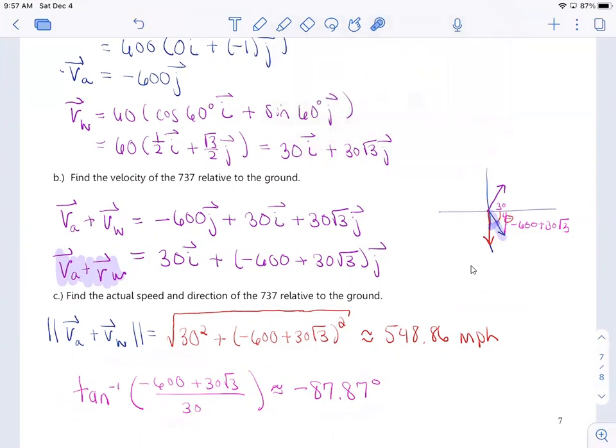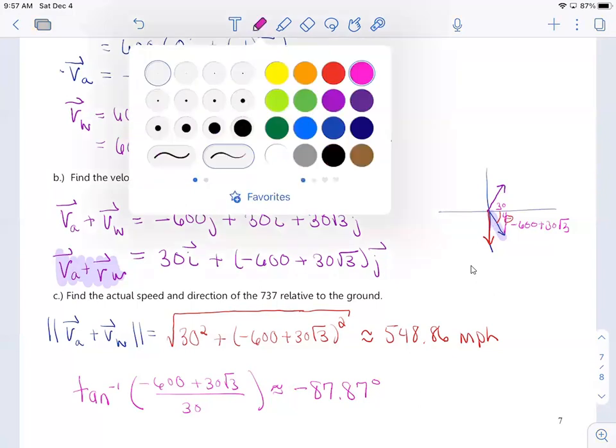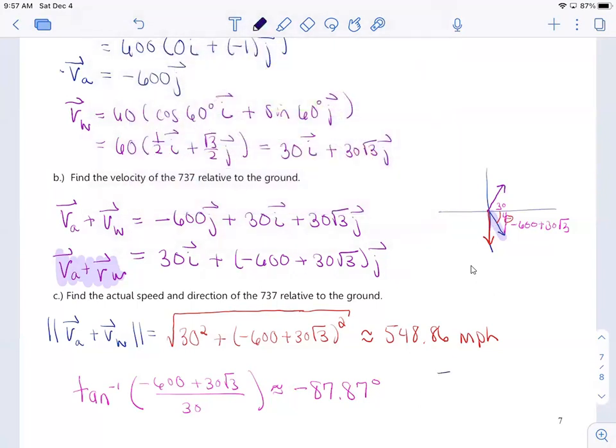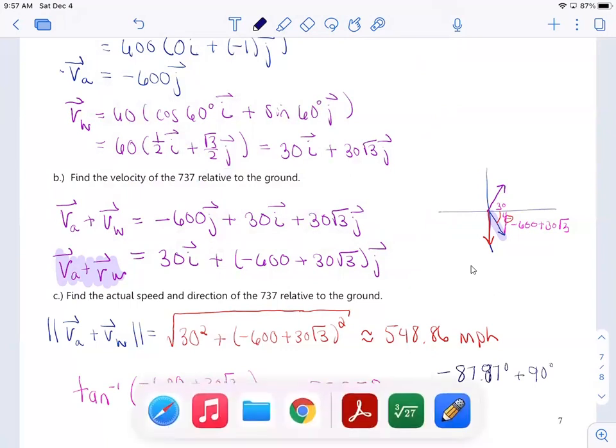So think about it. If this is 90 degrees, right? And I have this piece, and I just want this little piece, what I'm going to do with this angle is I'm going to add 90 to it. And this isn't always the case.